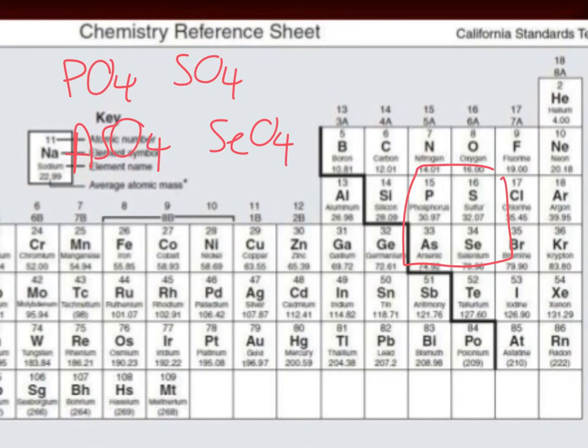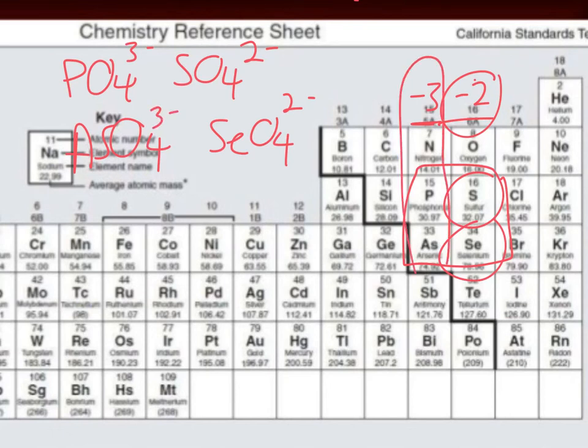Now charge-wise, again, I use these, so we've got -2 there, -3 for these areas. So the sulfate is a -2, so that'd be a -2 charge. Same thing with the selenium and oxygen, selenate. And then phosphate would be a 3 minus, and the arsenate would be a 3 minus because they're in that area. Now, I'll be honest, the two you really should know for Honors Chem and AP Chem are these two, phosphate and sulfate. These two you don't see as much, but it helps with the pattern, okay, for that.